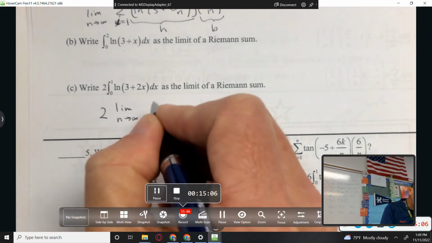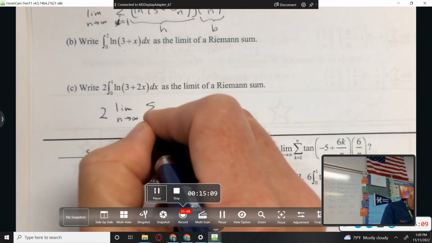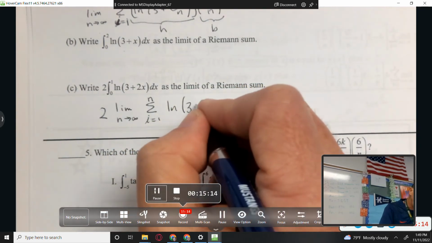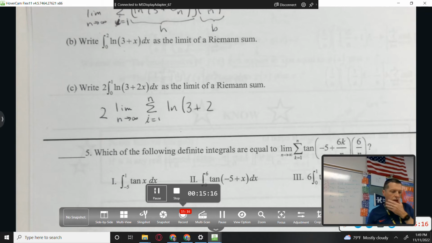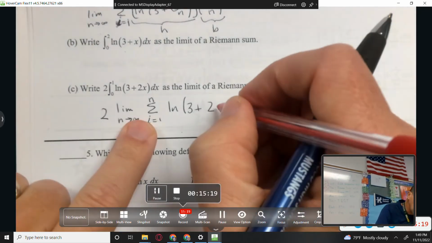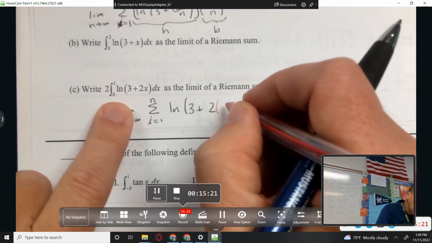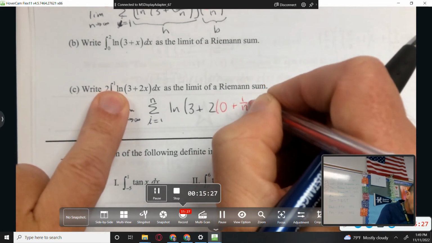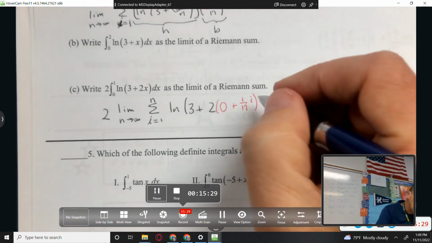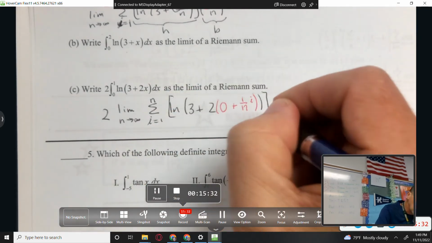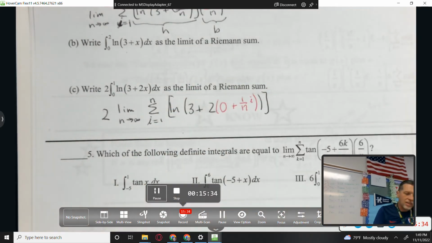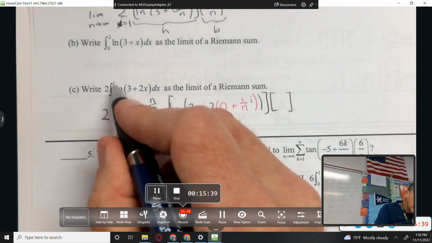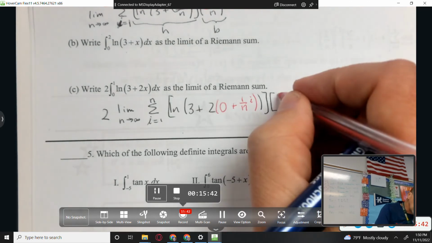Limit as n goes to infinity, sum from i equals 1 to n, natural log of 3 plus 2 times, let's see, x is starting at 0, our delta is 1, counter is i. So there's my base, and my height is 1 over n.